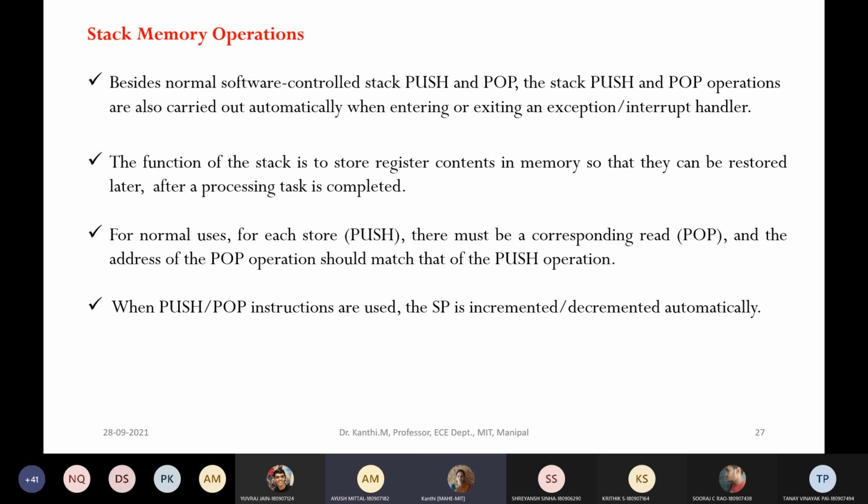Okay. And as a programmer, do we have the rights to modify the exception handler? No, you cannot, because these are handled by the hardware and software combination. Each processor will define its own exceptions.